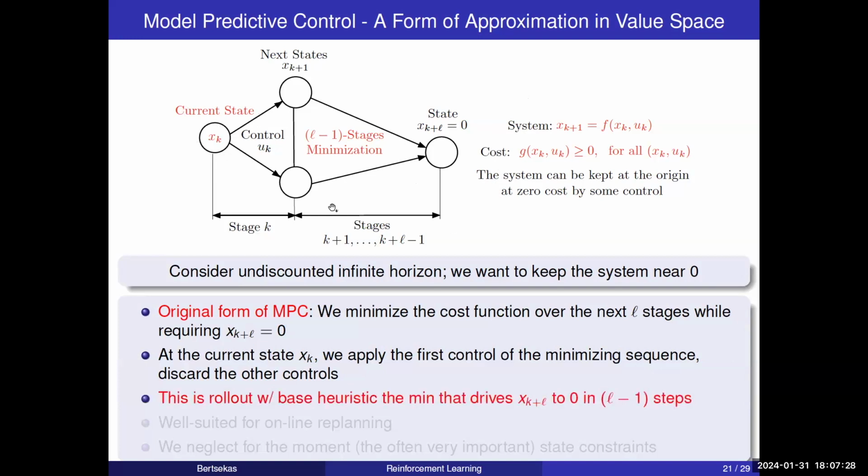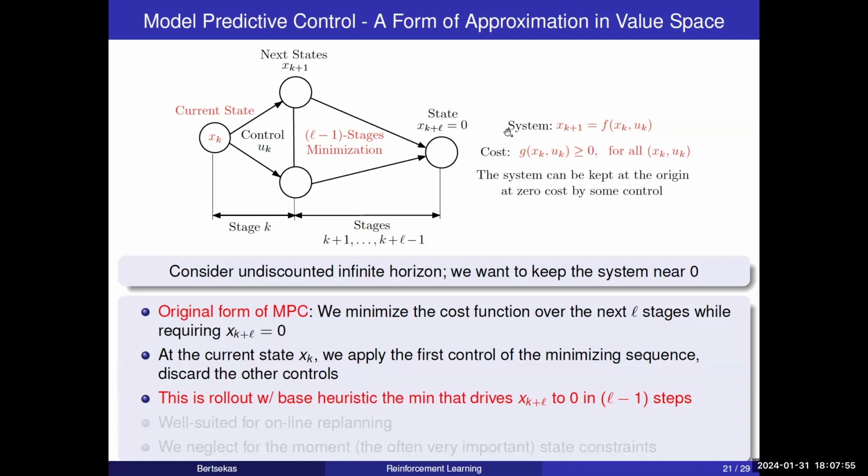And indeed, if you look at this formulation, it is rollout. It's the same thing as rollout. And what is the base heuristic here? Well, this is a one-step lookahead. And here, the values that we pick up are the costs of the policy that takes us from any one of these states to 0 and stays there thereafter. So that's my base heuristic.